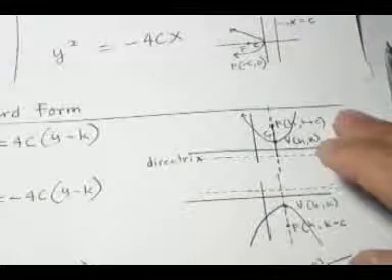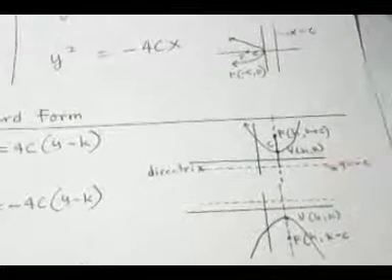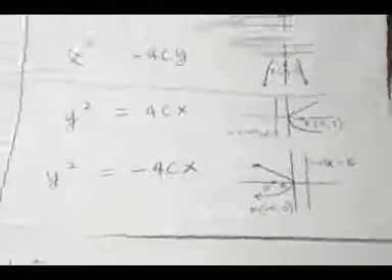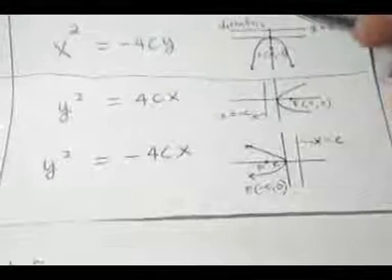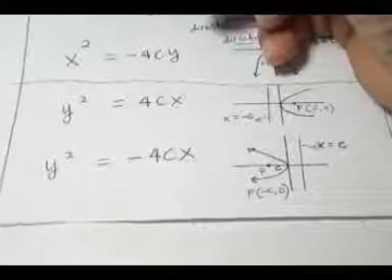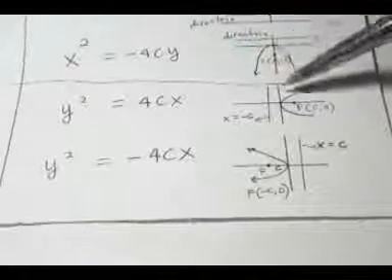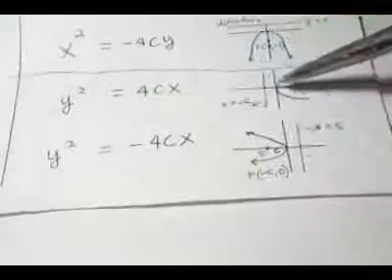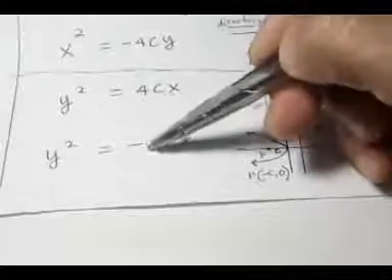Okay, so take note of the four standard positions of the parabola when its vertex is at the origin. These are the positions: open up, open down. If it is x squared, it is open up or open down. If it is y squared, it is open to the right or open to the left, depending on whether it is positive or negative.